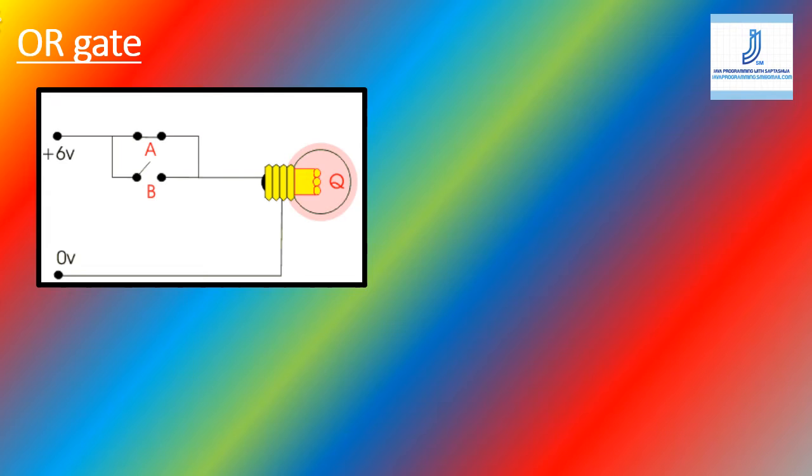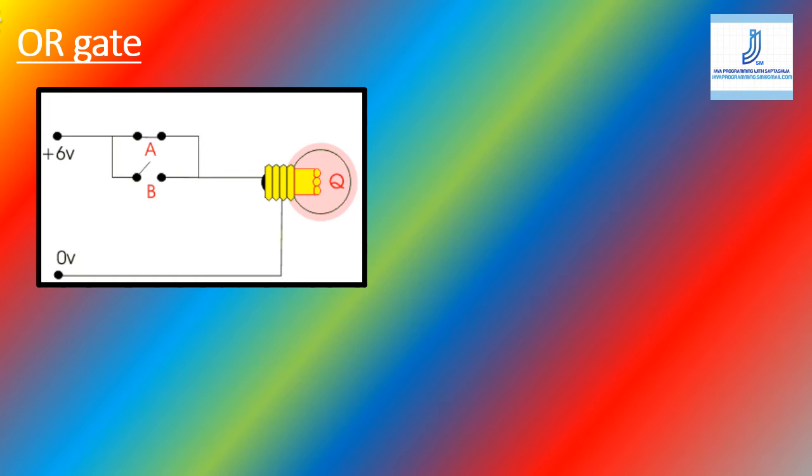Now let us take some real life examples to understand the OR gate in a better way. Let us take an example of a bulb in your room which is connected to two switches A and B in parallel, and this entire circuit is connected to a source.